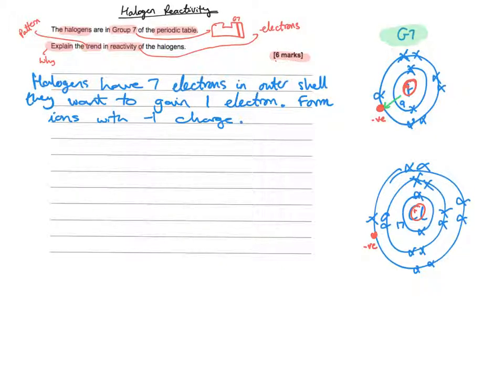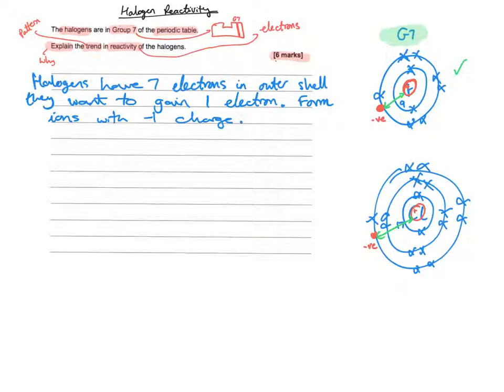So we have an attraction here between the electron that it's trying to gain and the nucleus. So now which one's going to be most attracted? Well, clearly, this electron here is going to be more attracted to the fluorine because it's closer, whereas this electron here is further away.